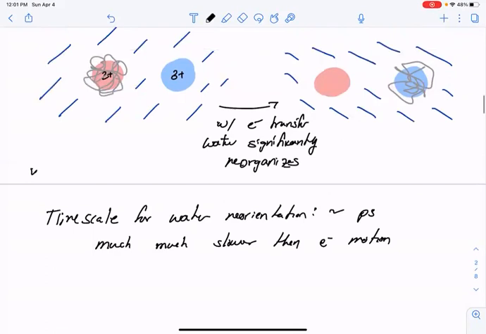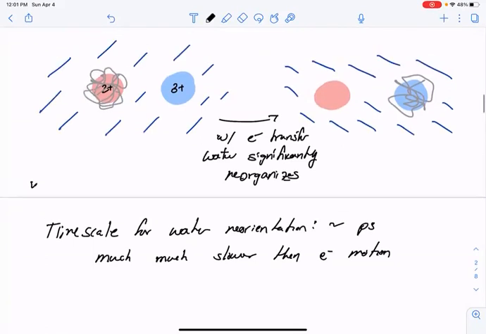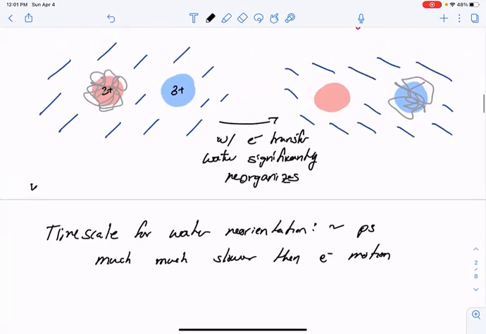Now, with that polarization comes a solvation. There's a favorable energy associated with the water polarizing in the direction which lies along the dipole generated by this charge imbalance. So energetically, there's a stabilization energy associated with that reorganization.